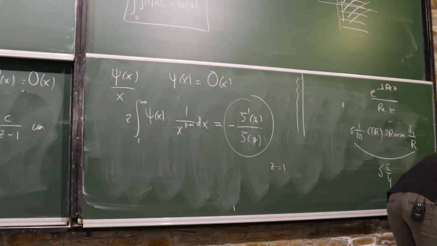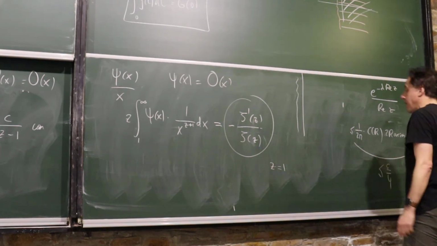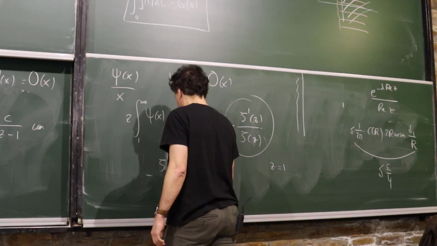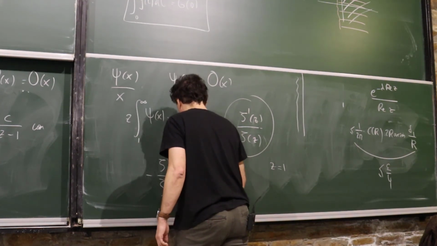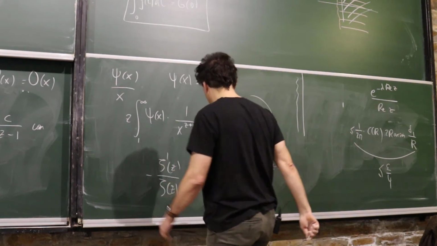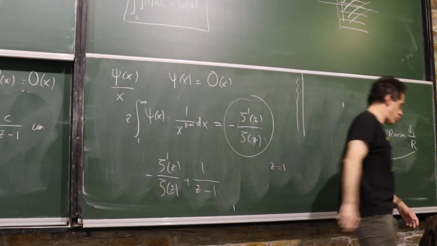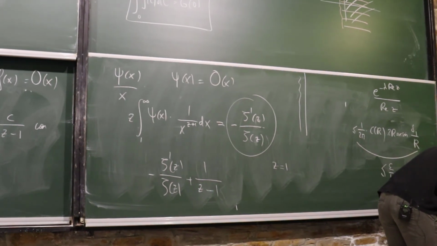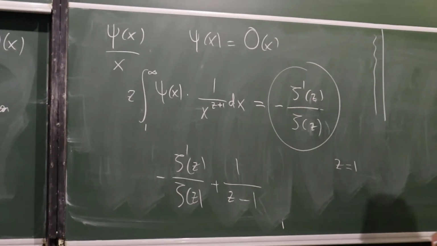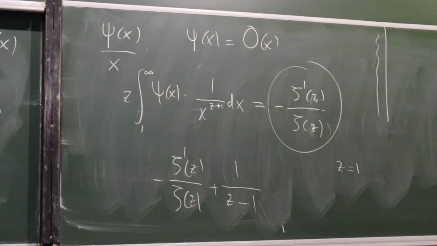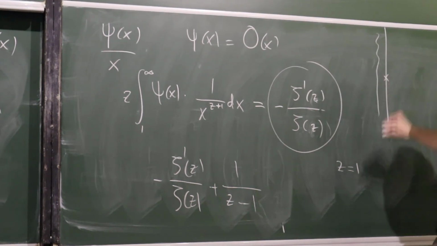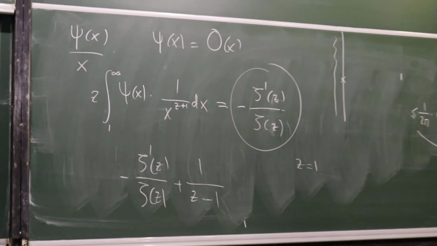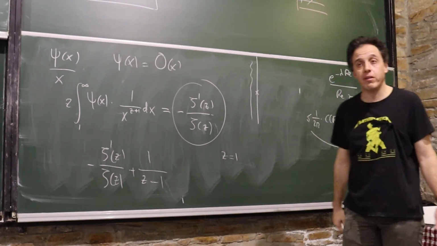The fact is that we have the term minus 1 over z minus 1 here. Of course, the zeta function is not defined at the point 1, because it has a pole of order 1.